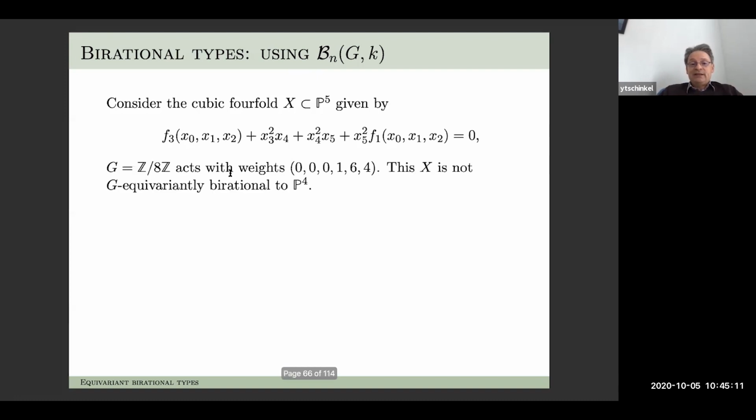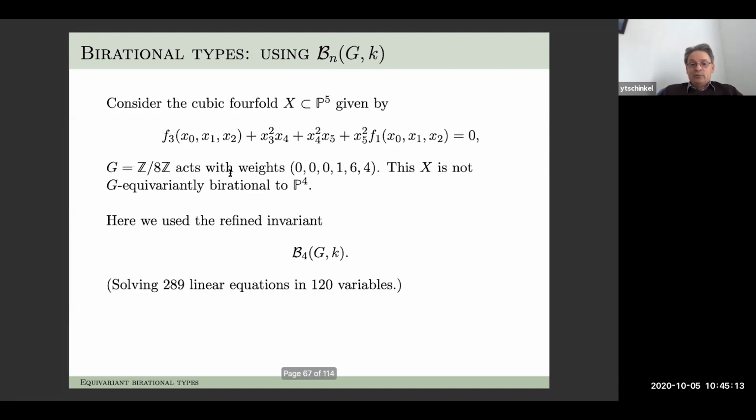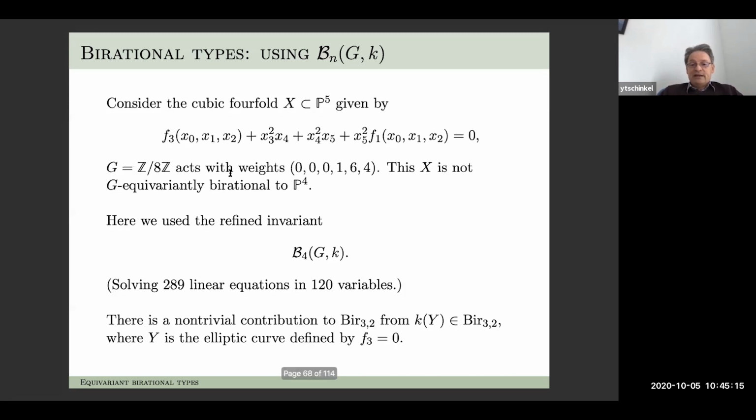However, here we observe that there is a curve fixed by the action, namely, if you put x4 equals x0, then F3 equals 0. It's a cubic curve in P2. It's an elliptic curve, in general. And so this elliptic curve is not stably rational.